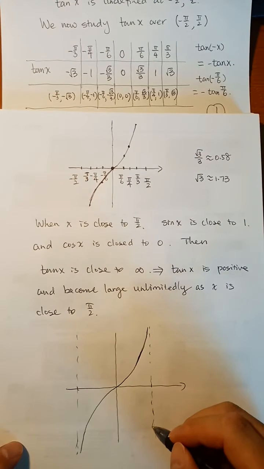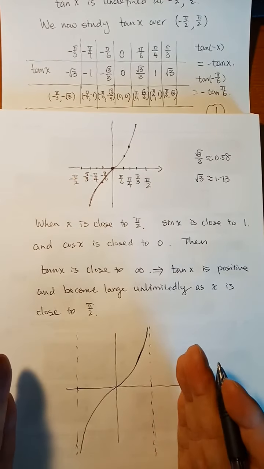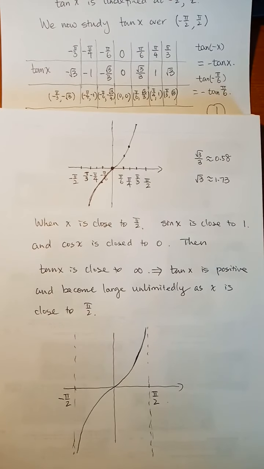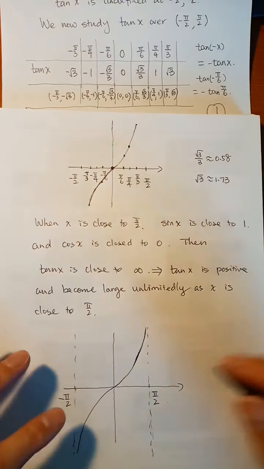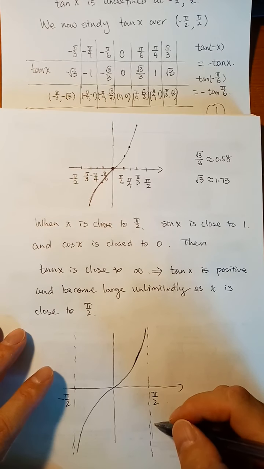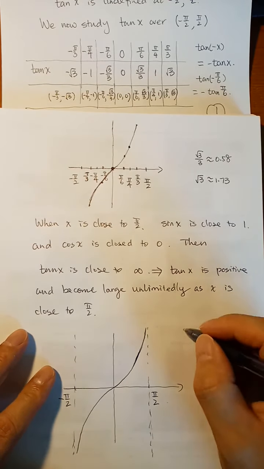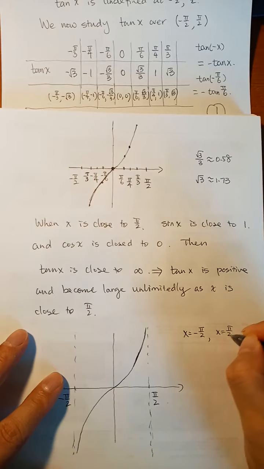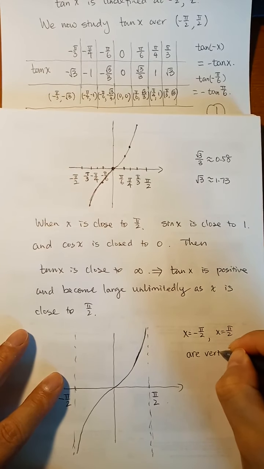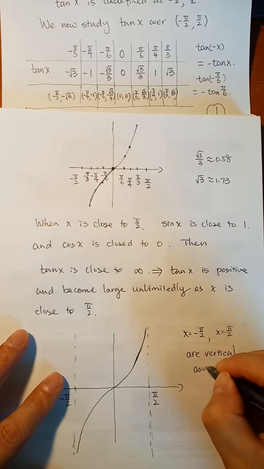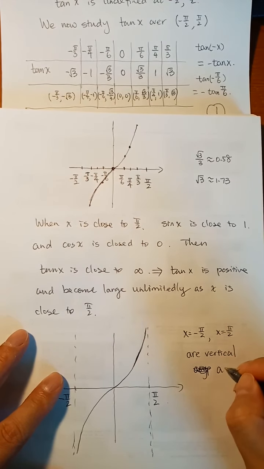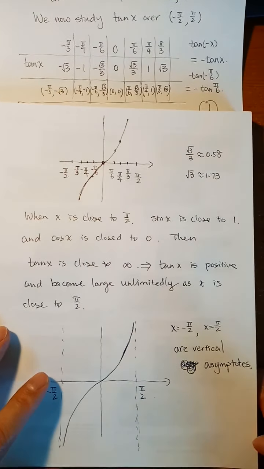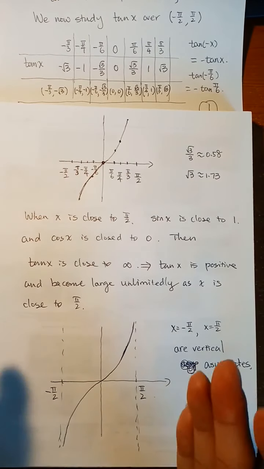So this is the graph of the tangent function over the interval negative pi over 2 to positive pi over 2. And this graph tells us these two lines, x equal to negative pi over 2 and positive pi over 2, are the vertical asymptotes. Okay, so this is the graph over this interval.